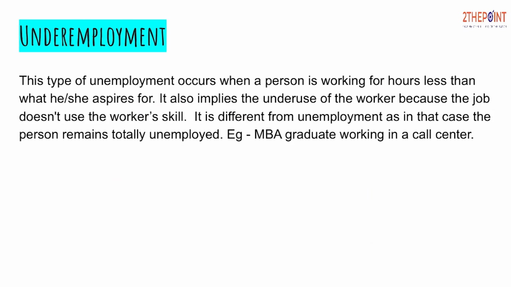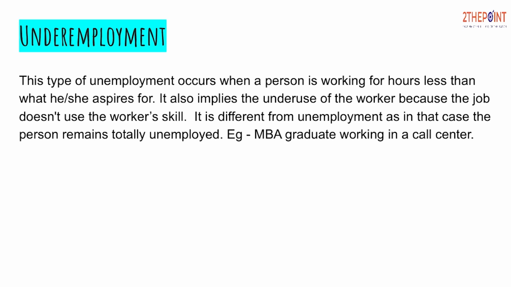And next is underemployment. Now this is different from unemployment. So unemployment is that you don't have any job. In case of underemployment, I would like to explain it to you through an example. For example, you are an MBA graduate, okay, or you are an engineer, right? But you are working as an electrician in some garage. So there's a huge difference between what you have learned or what you are trained for and what you are actually doing.